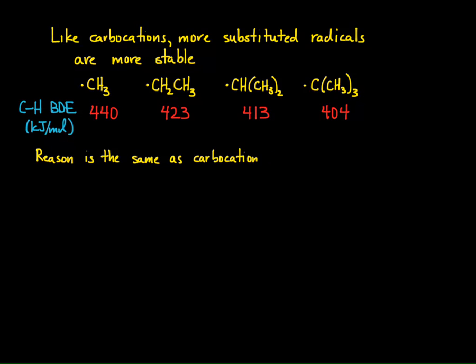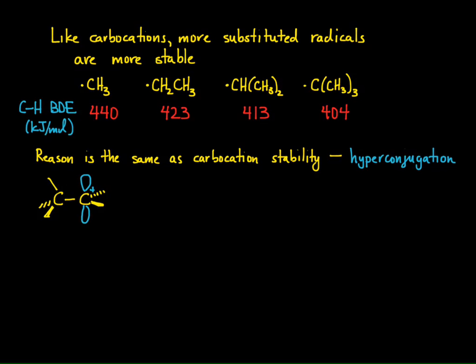So the reason for this happens to be the same as the reason for carbocation stability, namely hyperconjugation. So if you recall, back in chapter 1, when we talked about stability of carbocations, we looked at the carbon bond adjacent to that carbocation.